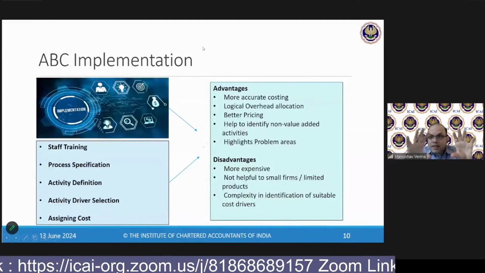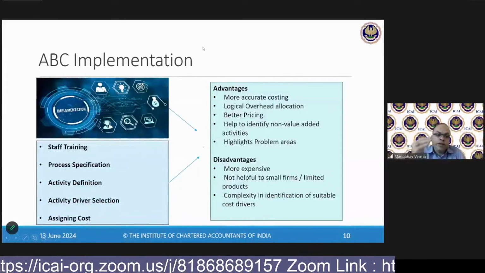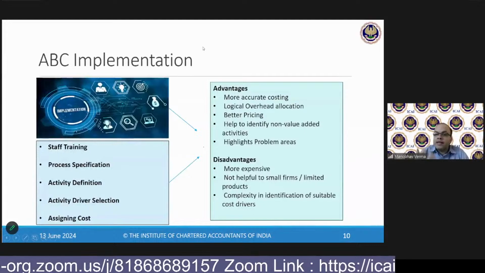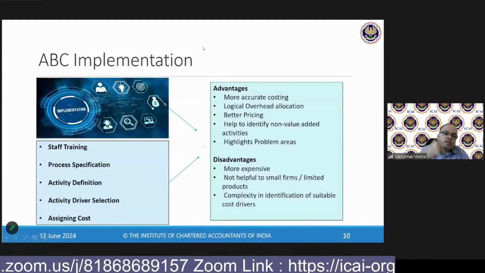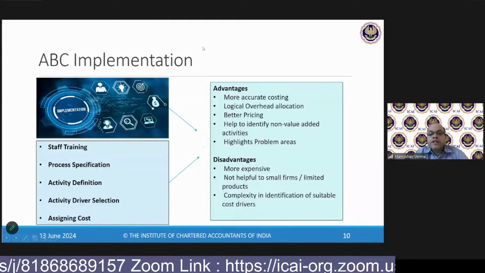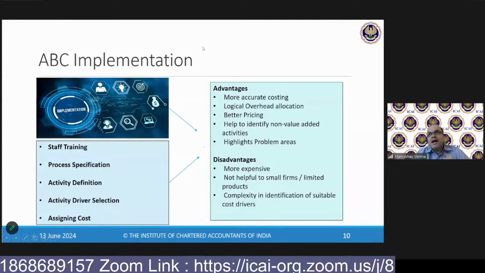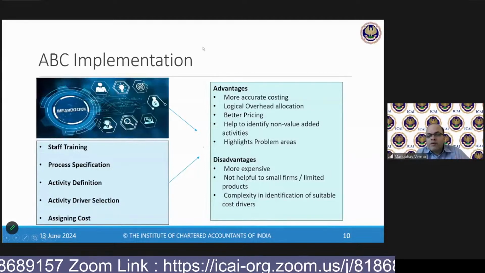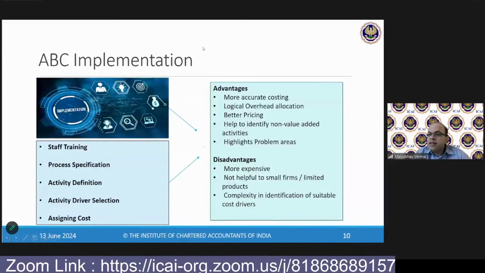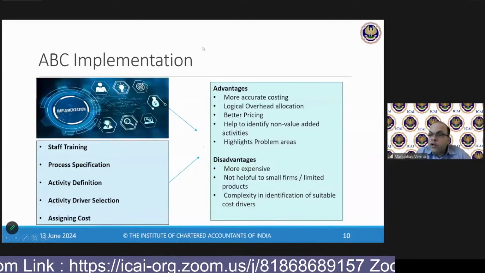For every process, every step, you would need to know what activities they are performing, so that you can fine tune and group certain activities together, where the cost can be allocated. That's important when we are looking at activity definition also, because it's more of a prerequisite, guys. You have to define those activities at a very early stage. Otherwise, you're not achieving your objective here.